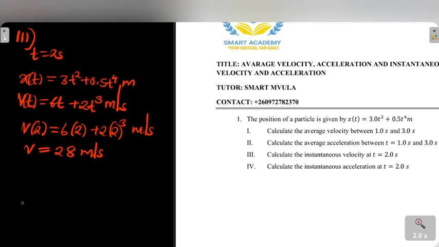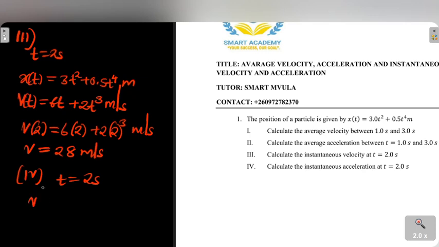Then now the last part is asking us to calculate the instantaneous acceleration at t equal to 2 seconds. So for us to calculate the instantaneous acceleration, we need to differentiate the velocity function that we have obtained.